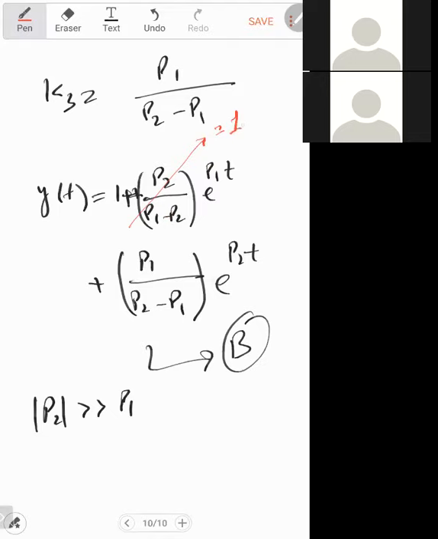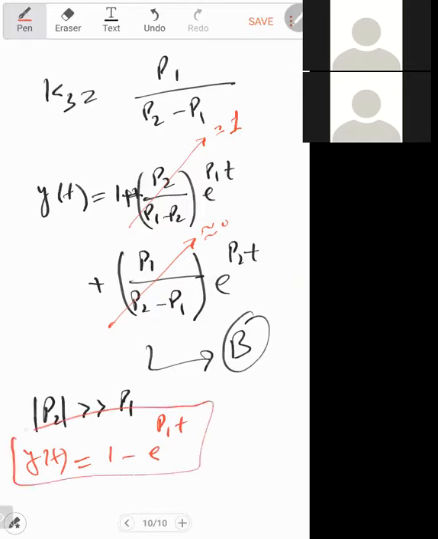And if P2 is a very large value, anything divided by a very large value will be approximately equal to 0. So you are left with y of t equal to 1 minus e raised to power P1 t.